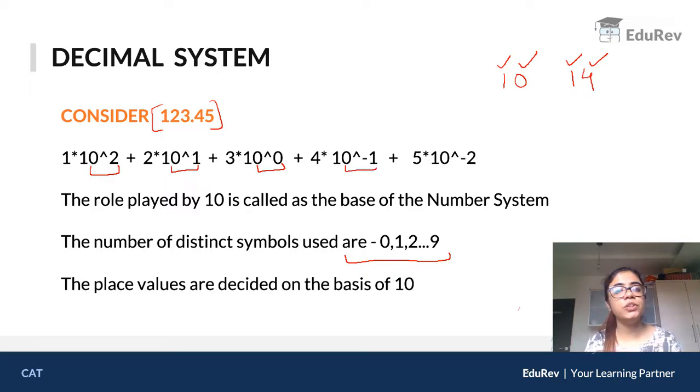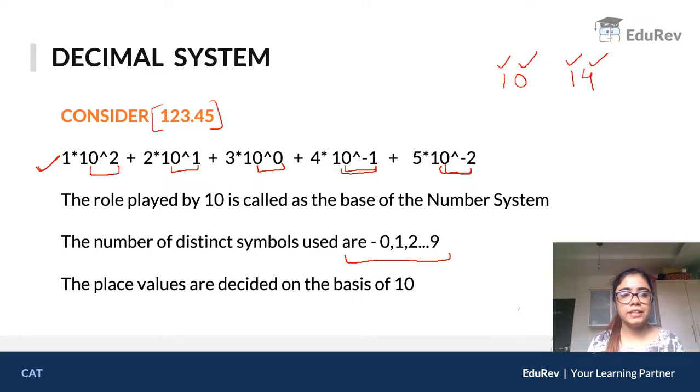Plus 4 into 10 raised to minus 1 because 4 comes after the decimal point. And then you have 5 into 10 raised to minus 2, again after the decimal point. So this number 123.45 can be split and written in this format.